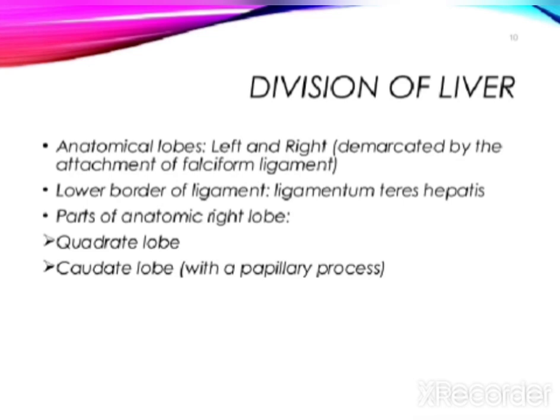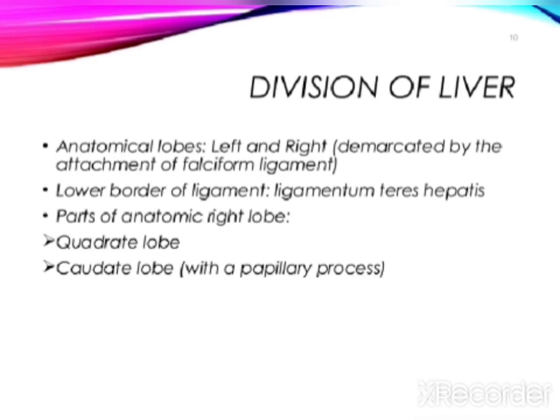So it is divided inferiorly by the fissure of the ligamentum teres, and posteriorly by the fissure of the ligamentum venosum. The right lobe is much larger than the left lobe and forms 5/6 of the liver.